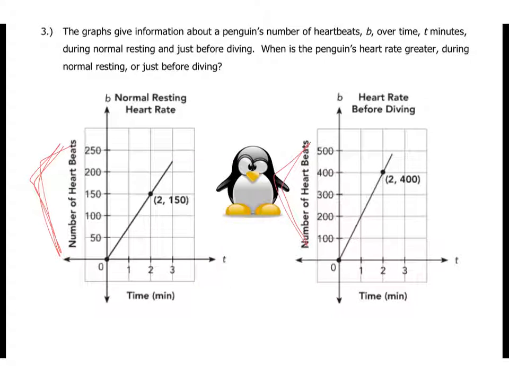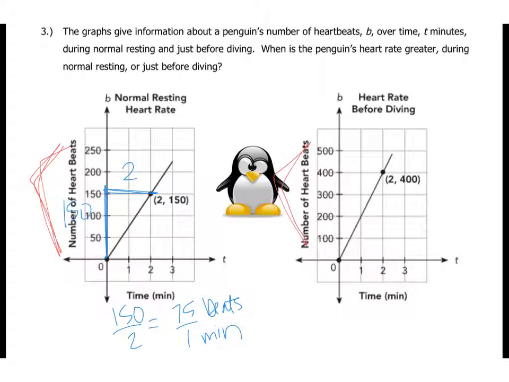So from point 0 up to the next point, you go up 150, you go over 2. So 150 over 2 is the same thing as 75 over 1. So that's 75 beats per 1 minute.